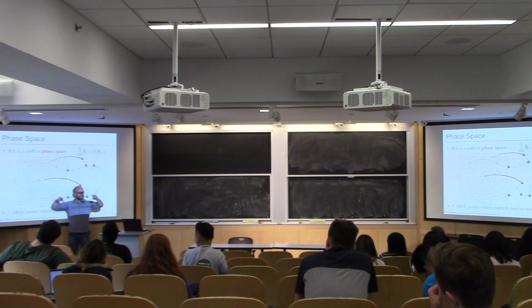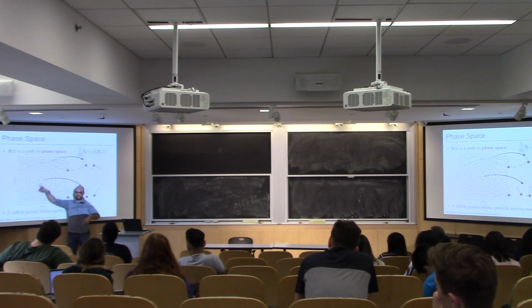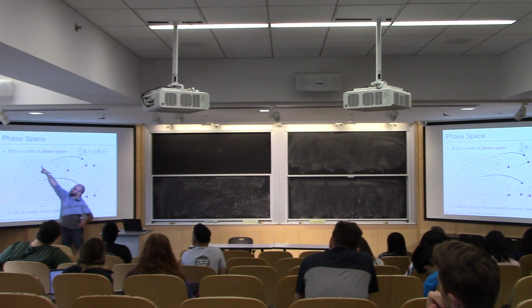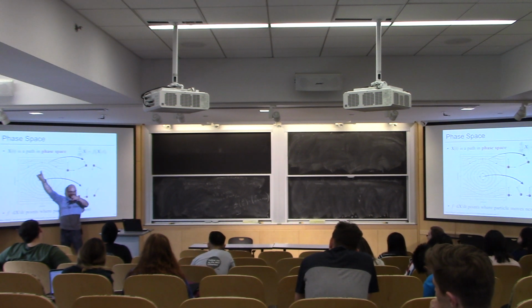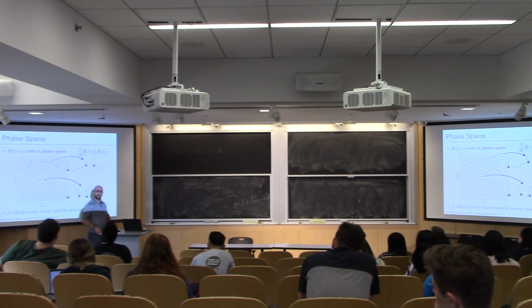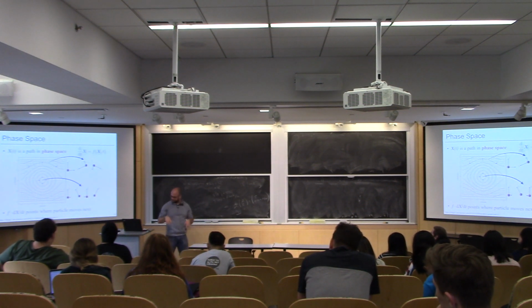When you're moving to the right, your velocity is positive. When you're moving to the left, your velocity is negative. That's what's tracing out this loop. Eventually, if you whack it hard enough, you're up here with a high velocity, and now your angle just keeps increasing. The pendulum's spinning around forever, at least in the absence of friction. It'll just keep spinning.